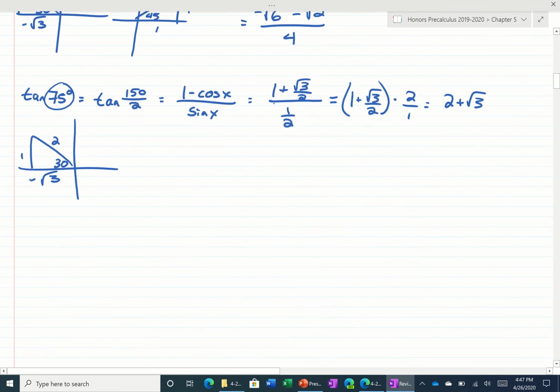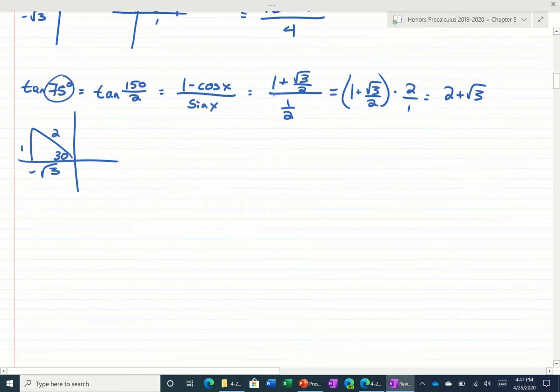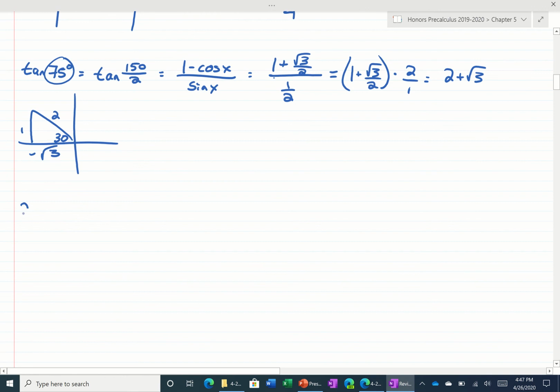All right, so now let's go to number 2. Problem number 2, it's asking us to find the sine of a minus b. The formula for this is sine of the first, cosine of the second, same sign, and then cosine of the first, sine of the second.